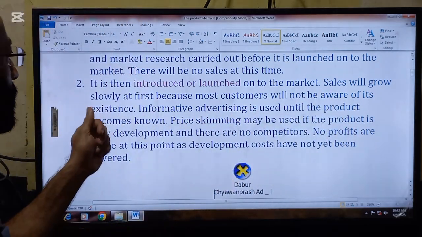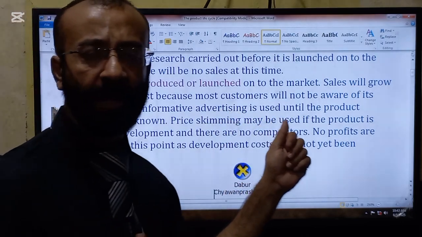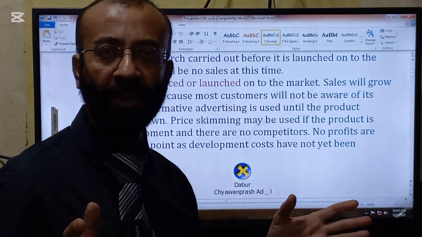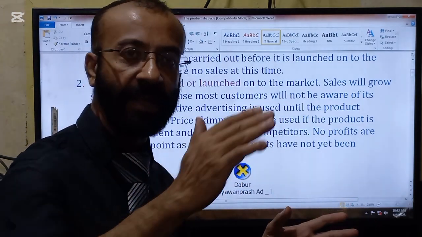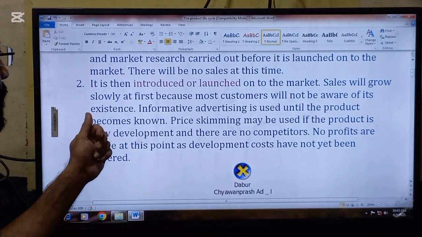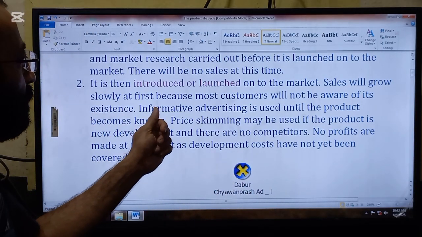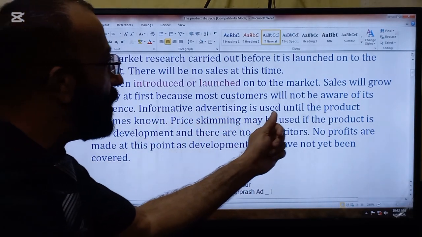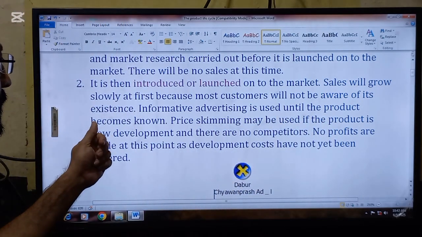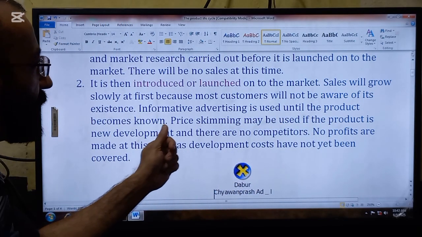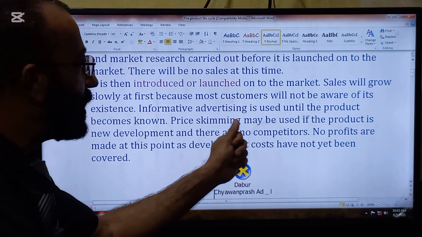Sales will grow slowly, because at first not many customers will buy the product, but slowly the sales will grow. Slowly at first, because most customers will not be aware of its existence. Informative advertising is used.